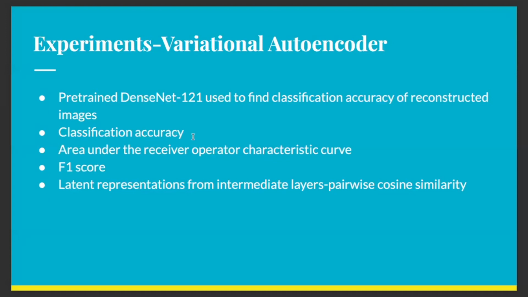And some metrics were classification accuracy, area under the receiver operator characteristic curve, the F1 score. And then in addition, the latent representations of both the original image and the reconstructed image in the intermediate layers of this DenseNet were compared with pairwise cosine similarity.